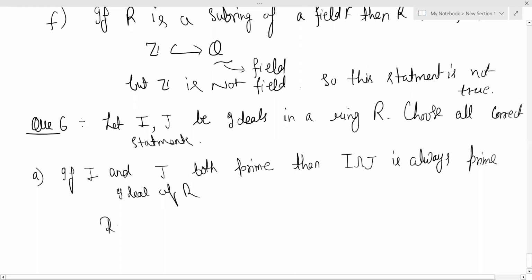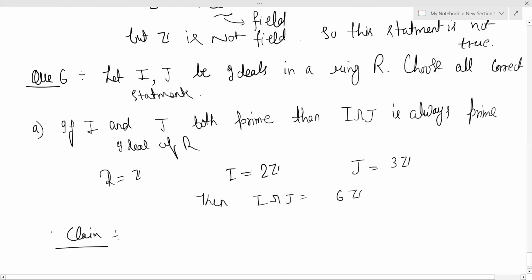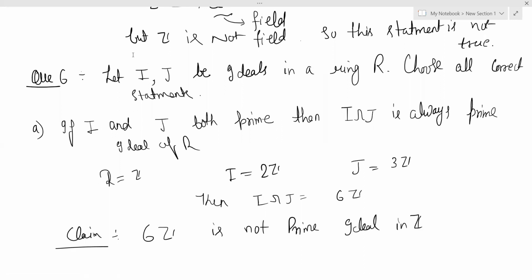Take R equal to the ring of integers, I equal to 2Z, J equal to 3Z. Claim: 6Z is not a prime ideal in Z. How will you prove this?